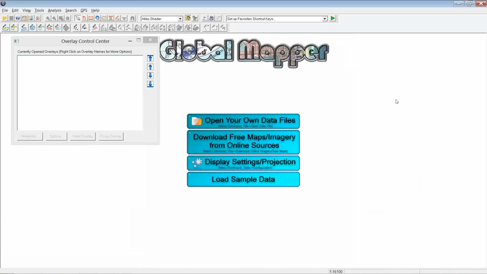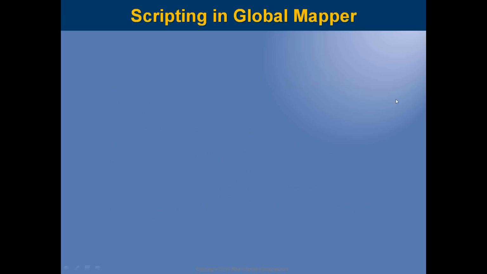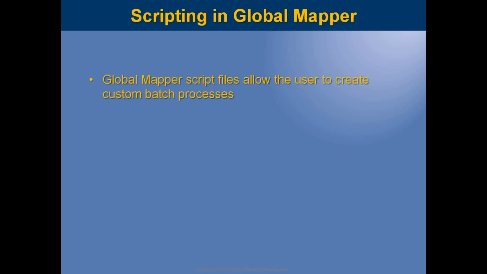Which brings us to scripting. I have actually, just to keep things organized, a new slide in my presentation talking about scripting and what scripting is. Basically, a script allows a user to essentially create a custom batch process within Global Mapper.